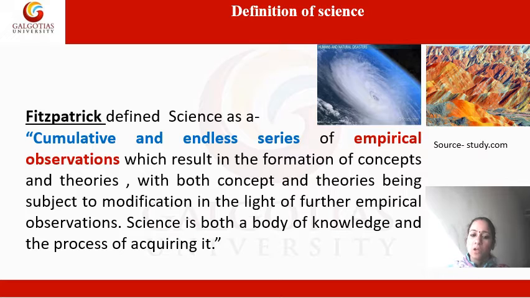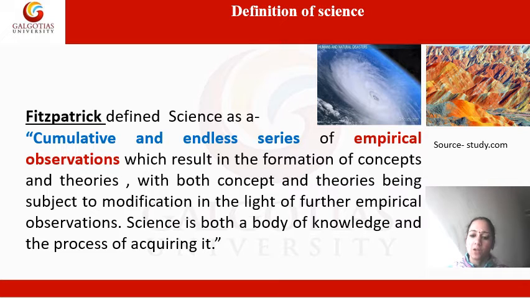So here science is both a body of knowledge and the process of acquiring it. In this particular definition, Fitzpatrick very clearly shows that it is a cumulative and endless series of empirical observations.